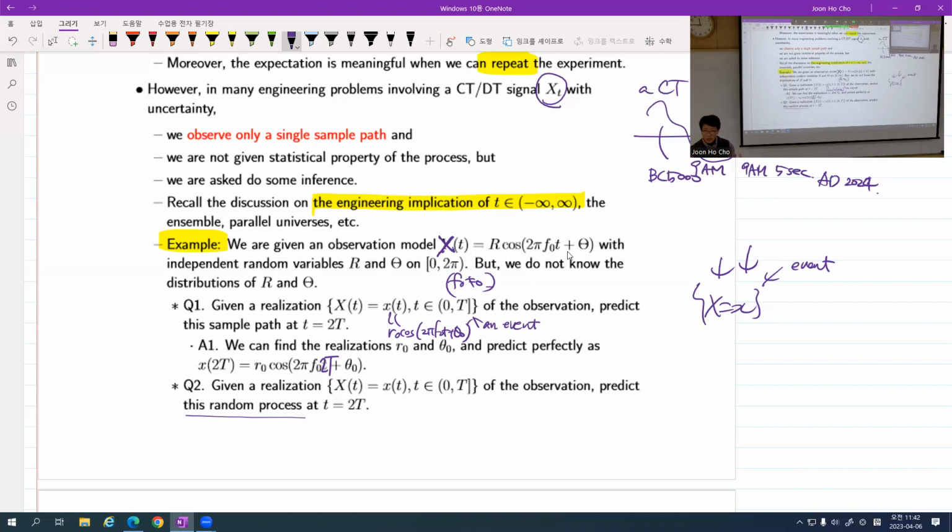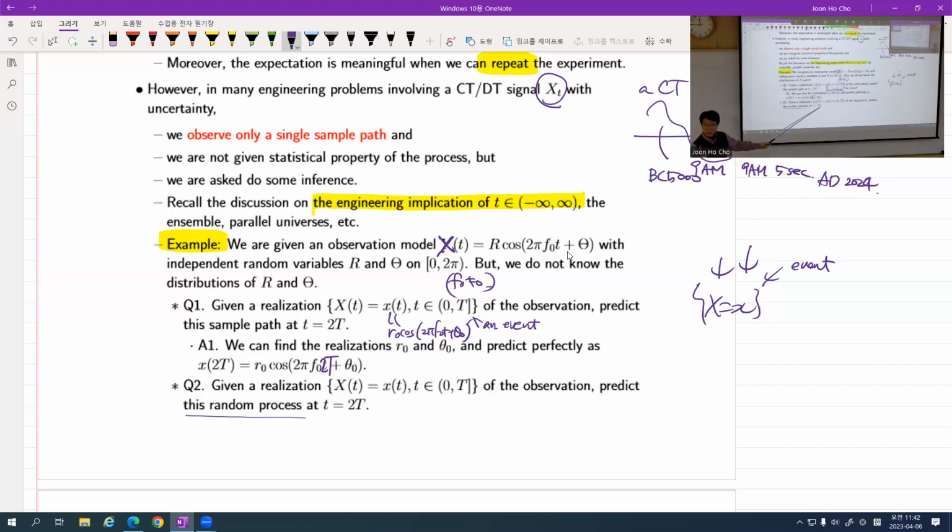And then I ask you, tomorrow or the day after tomorrow or for 300 days, what would be the value of the random process at 9 o'clock and 10 seconds, based on your observation today? That is this question. Given the realization of the random process, predict this random process at t equals 2t.